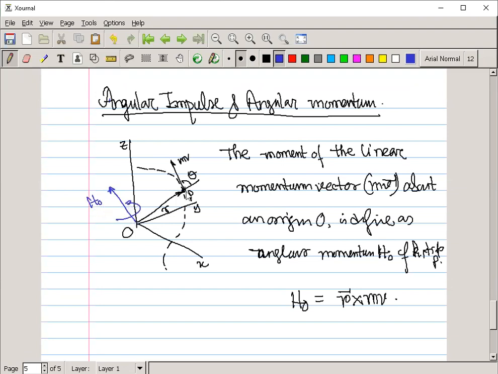Here you can see this is a particle which has a certain momentum and a position vector r, and if it rotates, then the generation of the angular momentum is nothing but h0, which is denoted as r cross v or r cross mv.